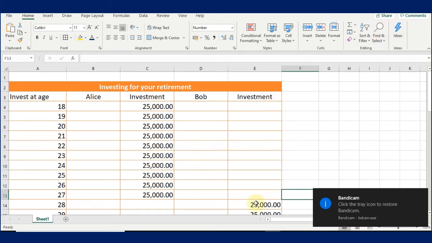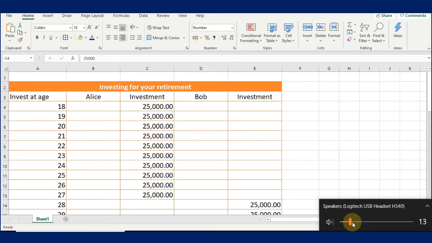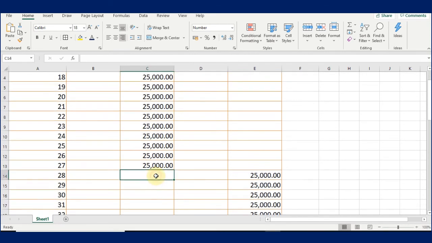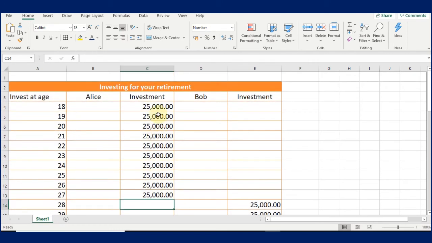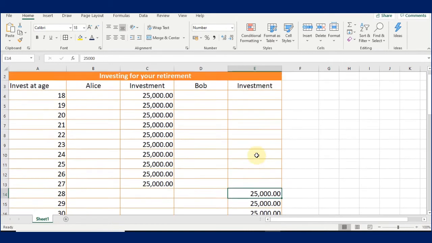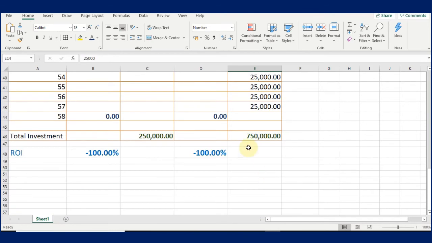All right, so I have here the scenario. So here, Alice invests at age 18 and then she stops at age 20. So these are her annual payments of 25,000 and this is for Bob, 25,000 starting at age 28 until age 57, and then he stopped.